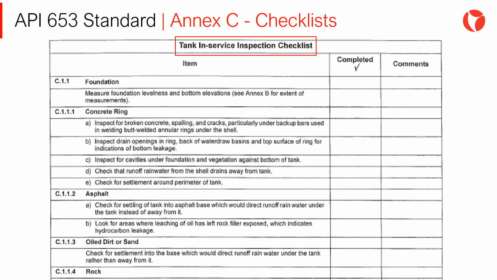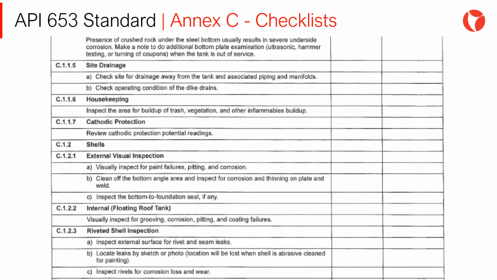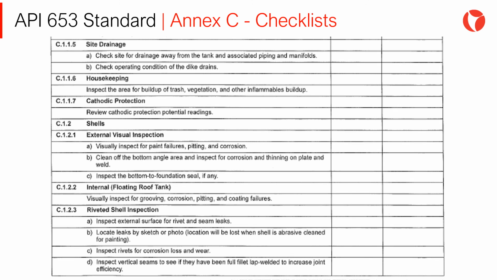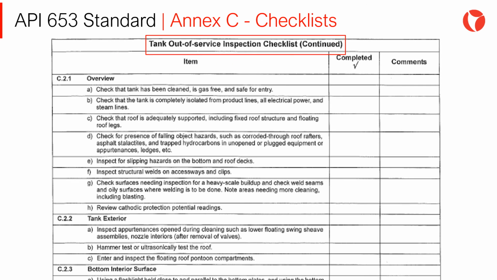As we can see on the screen, one of the checklists is for tanks in service. It means external inspections. While the other checklist included in this annex is for tanks out of service. In other words, internal inspections.